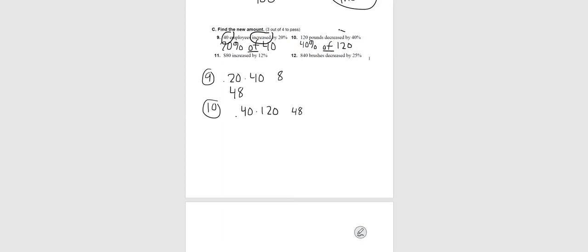And now because this one is 120 pounds decreased by 40%, now that we know that 40% of 120 is 48, we have to take 120 and decrease it by 48. And we get 72.